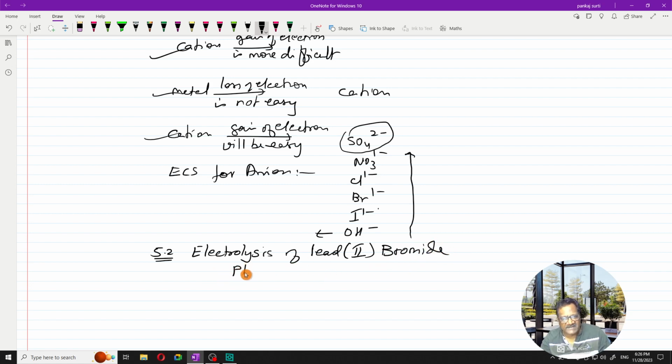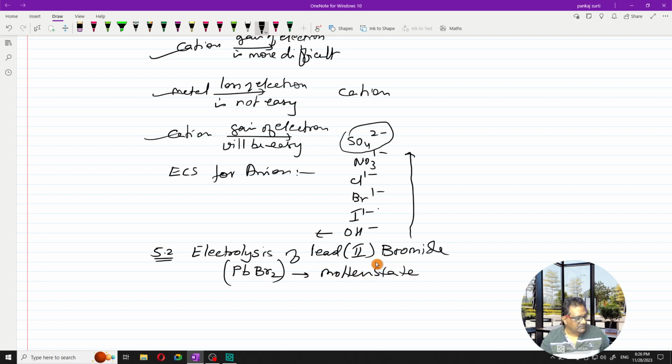The formula will be, lead is Pb, and because the valency is 2, it will be PbBr2. This is lead bromide. Now this you have to take in a molten state.